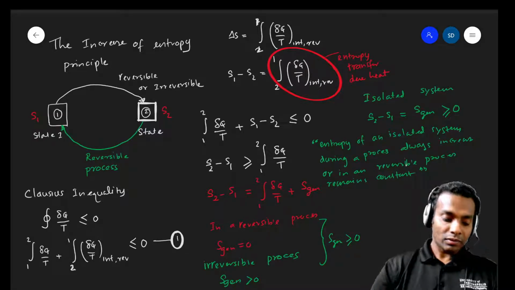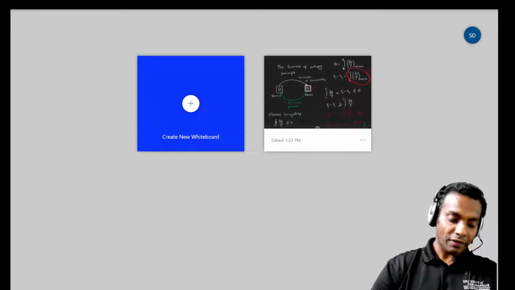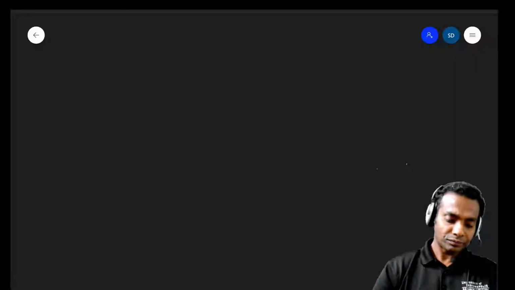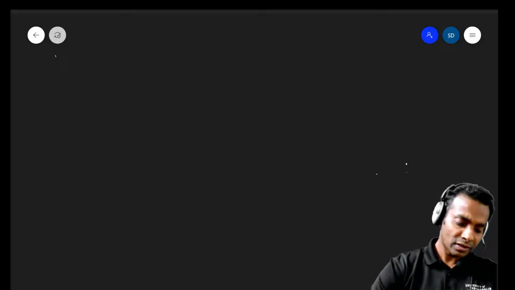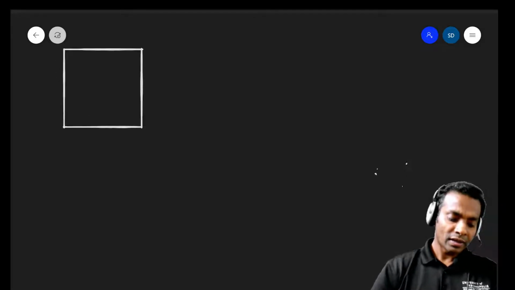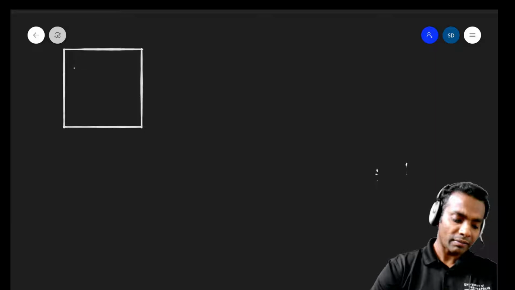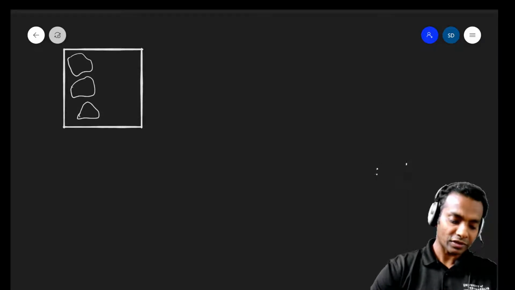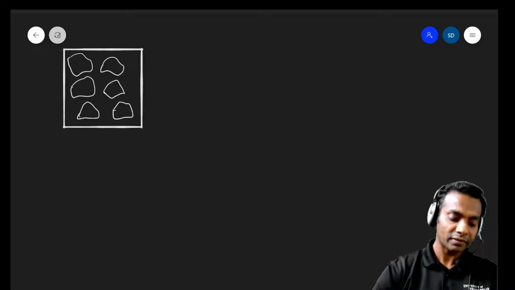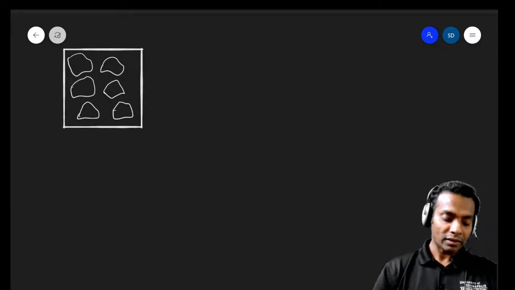Now, if we look into a system, let's say it's an isolated system, that has many subsystems, right? There's an isolated system that's represented by this box, and there are many subsystems inside of it, right?